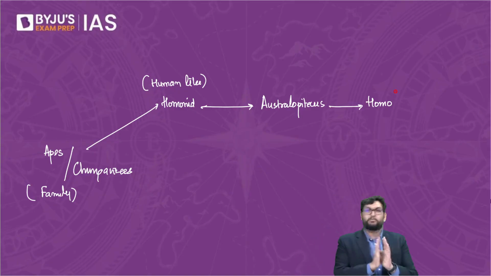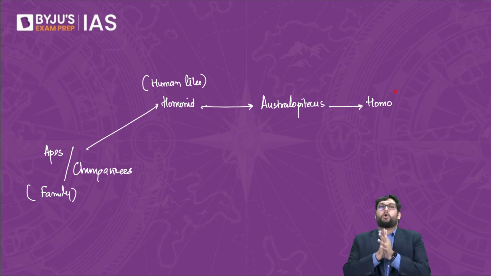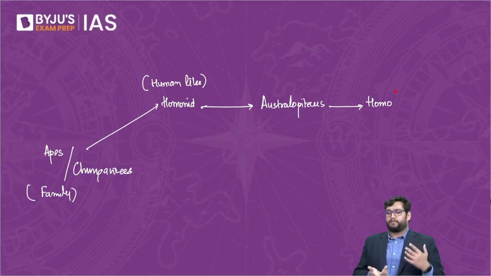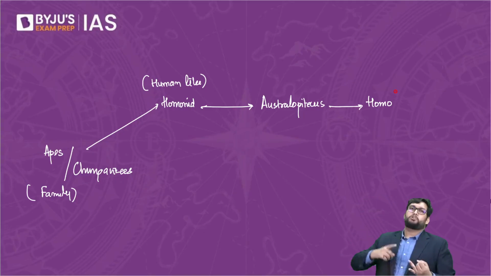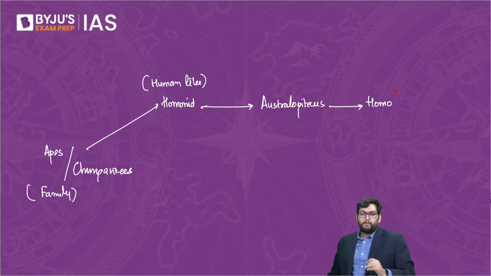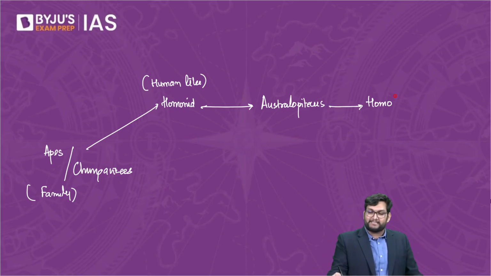Now pay attention to this, why am I not talking about Australopithecus? Because Australopithecus has not left anything for us to understand them from. There are multiple Australopithecus: Australopithecus garhi, afarensis, multiple. But the first time we actually study humans, your oldest ancestor is called Homo habilis.